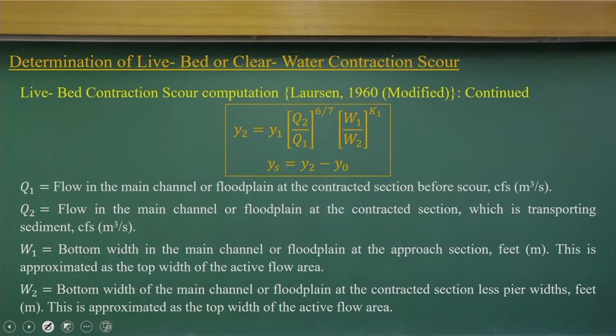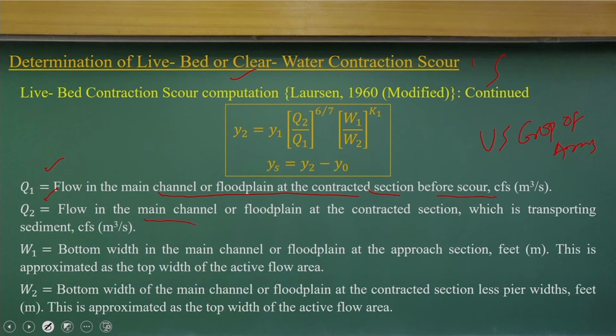Now, if you look at that, there are equations adopted by the US Army Corps of Engineers. They established them for live bed scour with very simple formulas in terms of Q1 and Q2. Q1 stands for the flow in the main channel or floodplain in the contracted section before the scour.